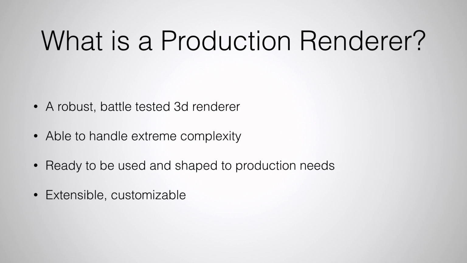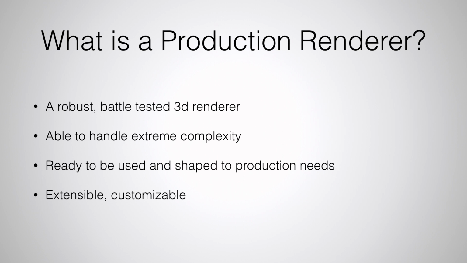Although there are a variety, there are several of those, and you probably have seen presentations today, and you get to see what all of these are able to do. So a production renderer is able to handle extreme complexity, because that's what you see in movies and visual effects. They have to be ready to be fit together into existing production processes.